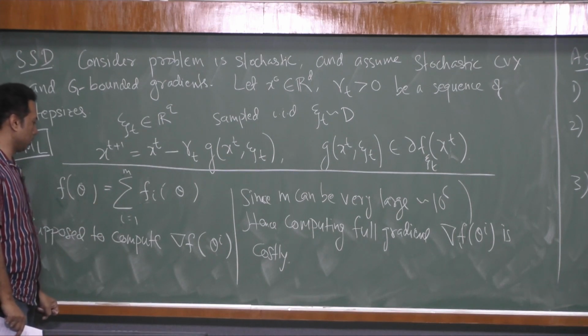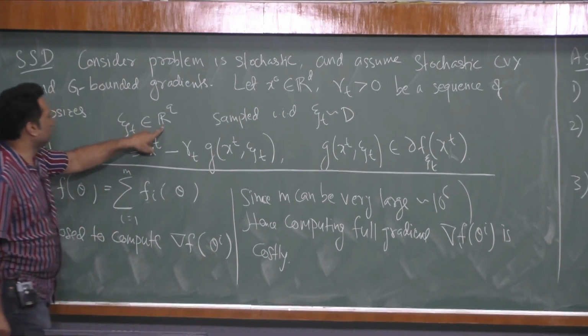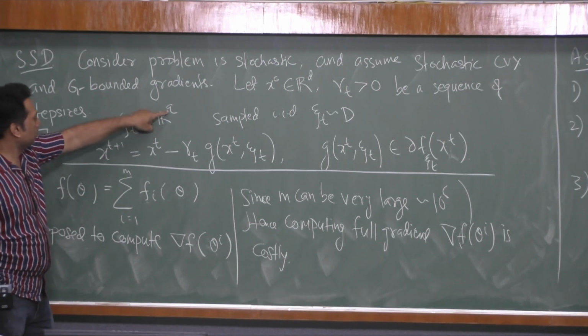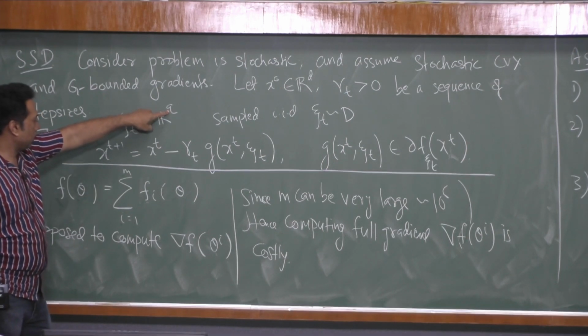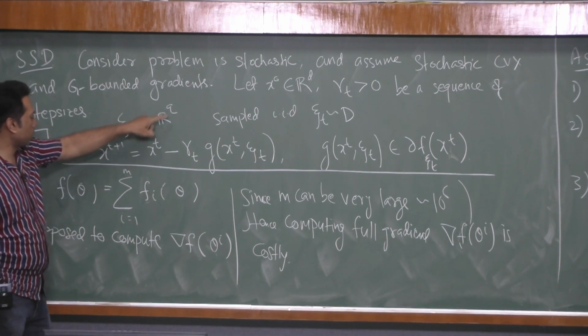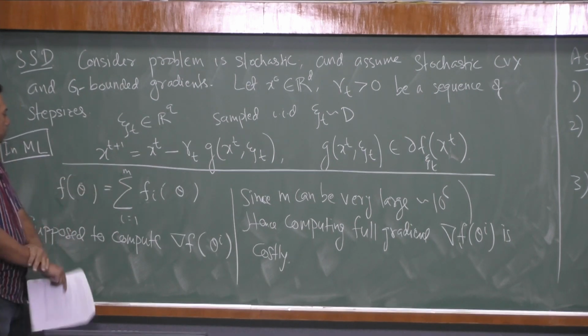Or I can also see xi as a vector of length q, where I have a batch of q examples, q is less than m obviously, and I can pick randomly each of the q.